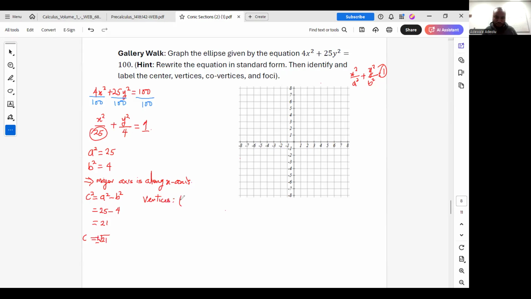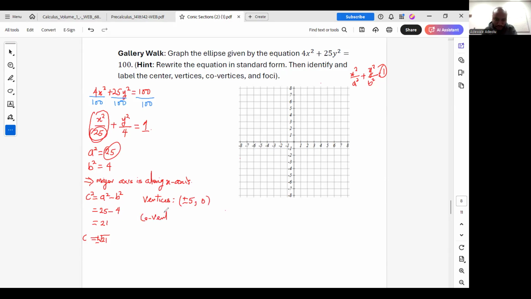Since the major axis is along x, our vertices also will be along x. And remember, a is the guy standing in for vertices. Since a squared is 25, a is plus or minus 5, so plus or minus 5, comma 0.